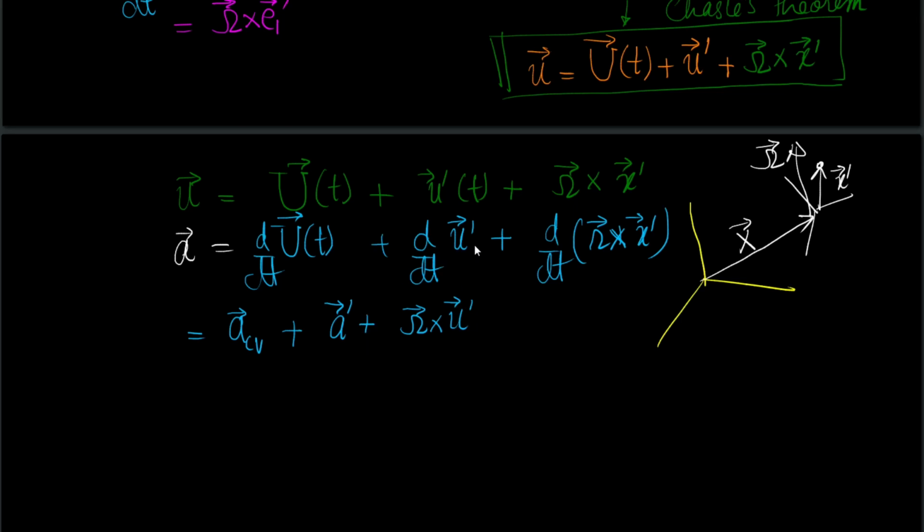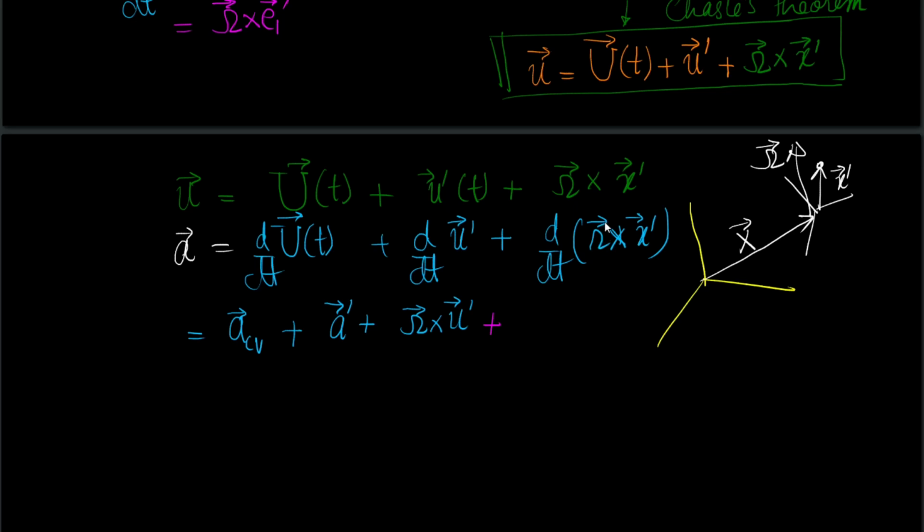Alright, d/dt of a vector is comprised of the direct differentiation of the vector plus the rate of change of the basis vectors, and the basis vectors are strongly related to the rotation rate of the frame. We already know this from the previous derivation. Plus, from this we will get three terms.